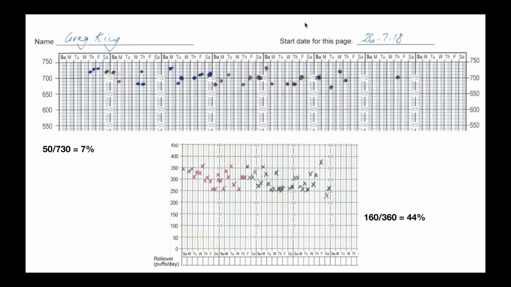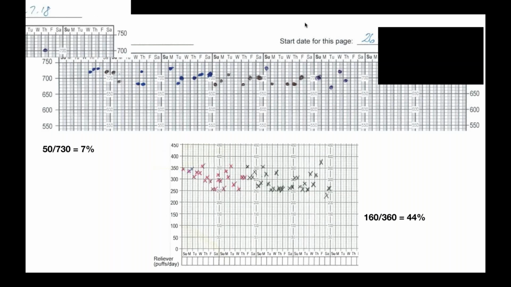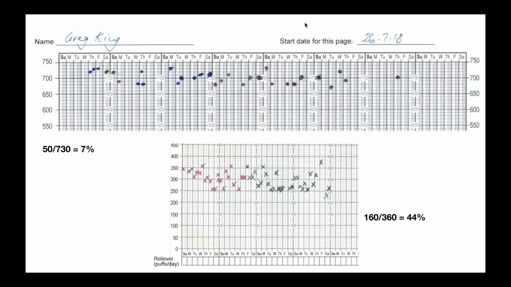What I've shown you is my peak flow recording, and I did this just to demonstrate what normal peak flow variability in a non-asthmatic person should be. And it's roughly like this. I've measured the variability as a percentage of the recent best, and the rough recent best is about 730 litres a minute.